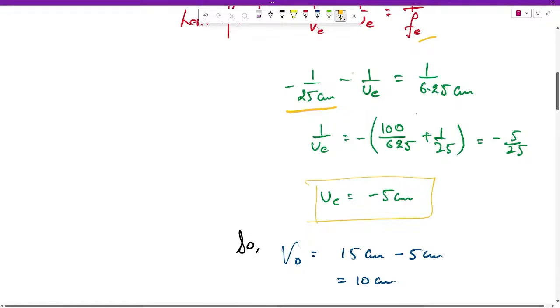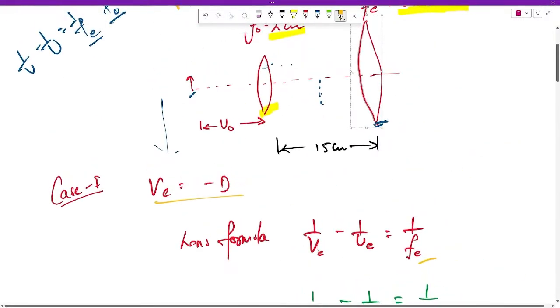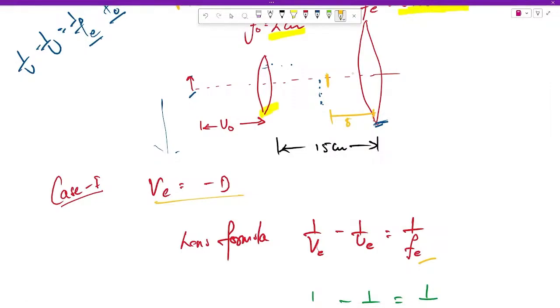So it means that the object for the eyepiece should be at minus 5 centimeter, or with proper sign convention, the object should be here at a distance of 5 centimeter from the pole of this lens. Now for the image to form at minus D, the object should be here. The image by the objective is going to be treated as the object for this eyepiece.